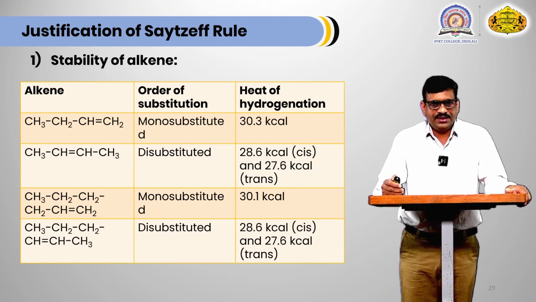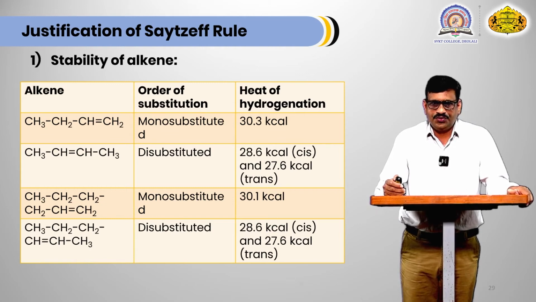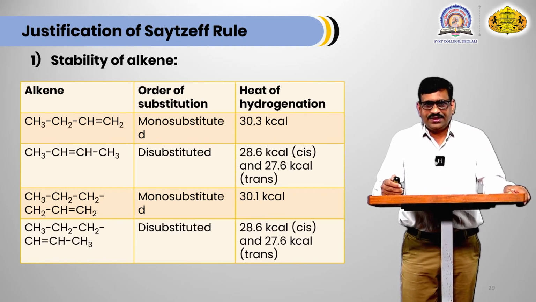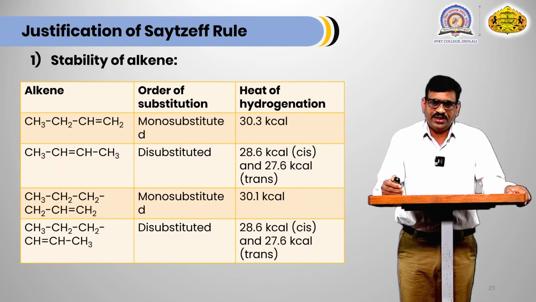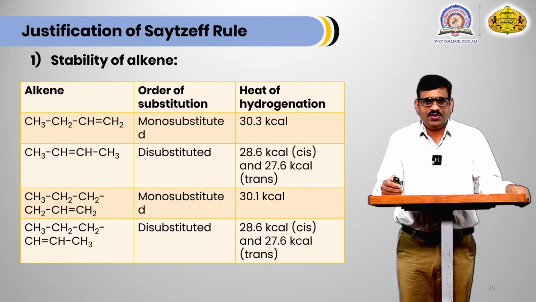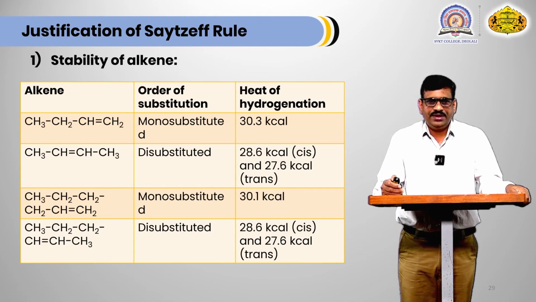In the second case, it is 2-butene, it is di-substituted and its heat of hydrogenation is 28.6 kilocalorie for cis and 27.6 kilocalorie for trans. If we compare the heat of hydrogenation of 1-butene and 2-butene, we can find that the heat of hydrogenation of 2-butene is less as compared to 1-butene. This means that 2-butene is more stable as compared to 1-butene.